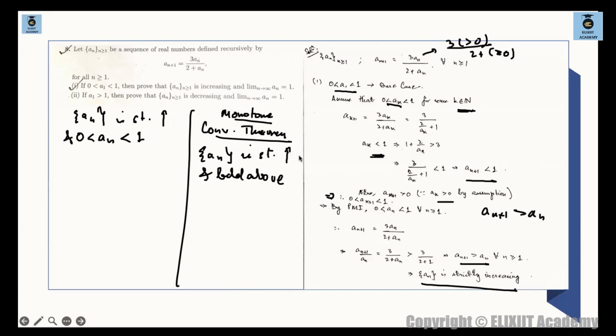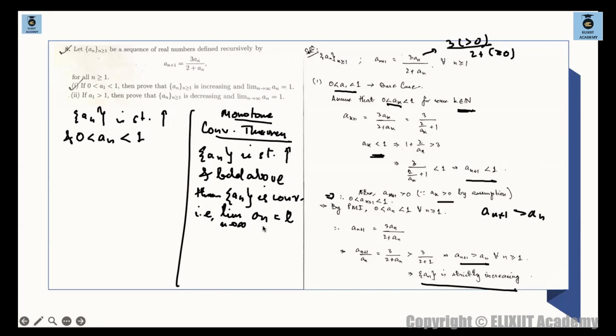If a sequence is strictly increasing and bounded above, then the sequence is convergent. What is the meaning of a sequence being convergent? It means this limit will exist: the limit as n tends to infinity of an will be some finite quantity.